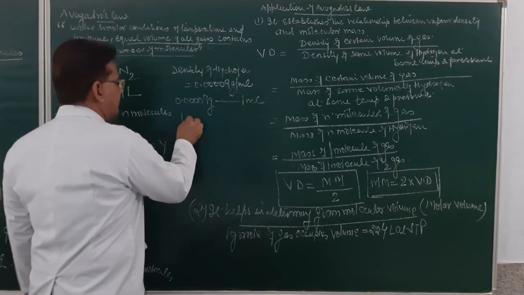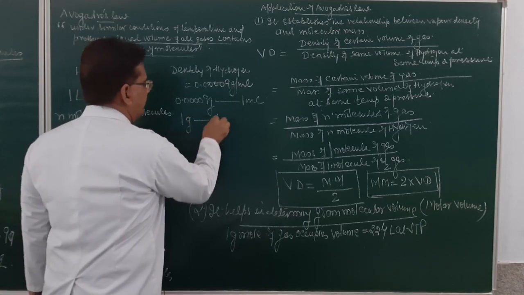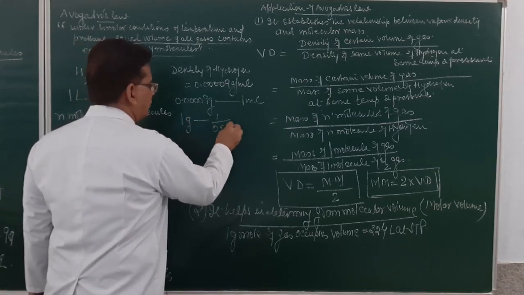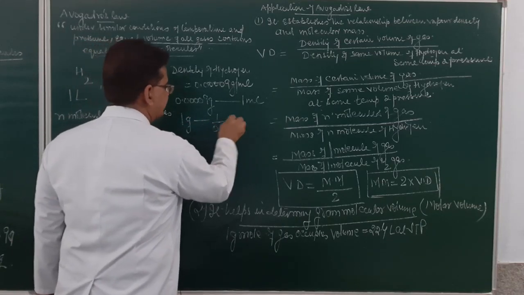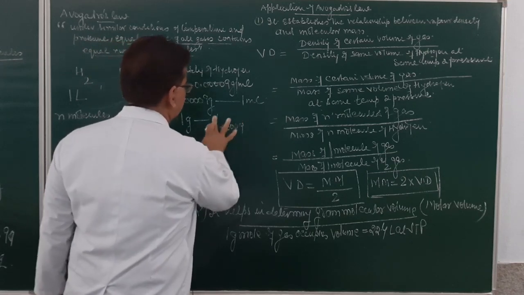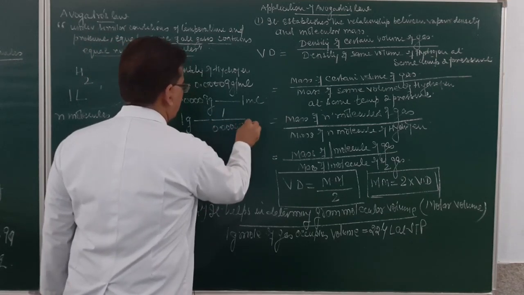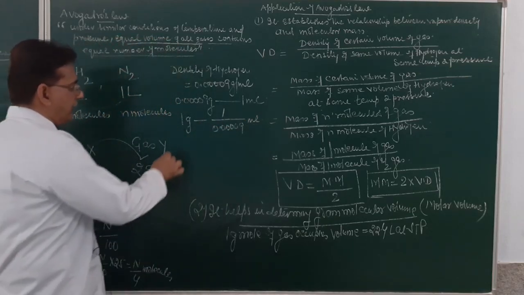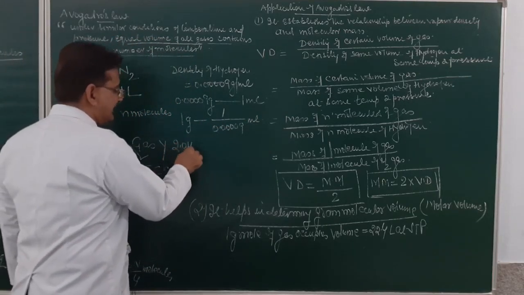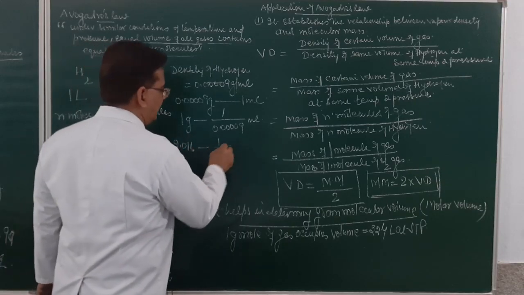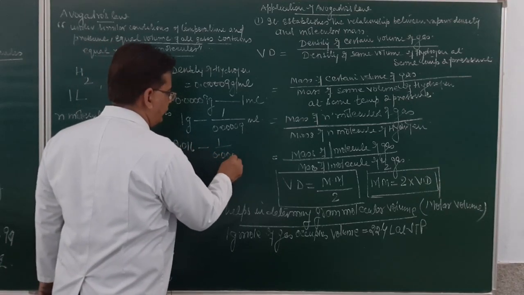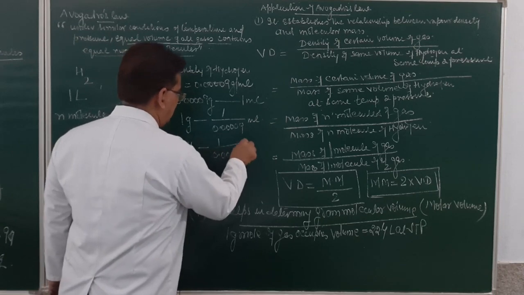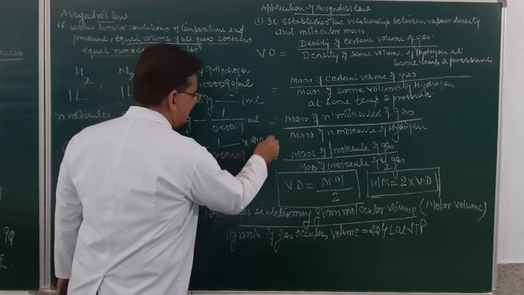If you take 1 gram as a mass, it will be 1 upon 0.00009. Am I clear? And if the mass of hydrogen is taken as 2.016, it will come out to be equal to 1 upon 0.00009 into 2.016.